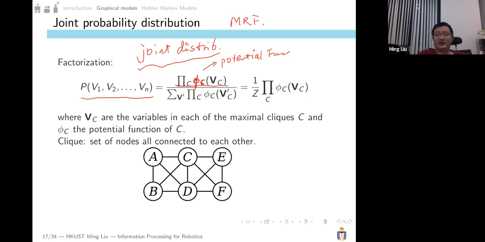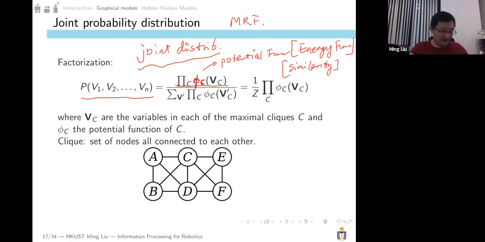But what is the potential function? You can understand it as an energy function. This energy function basically defines the similarities. You define the similarity. If the two states are more similar, then you have a higher score in this potential.